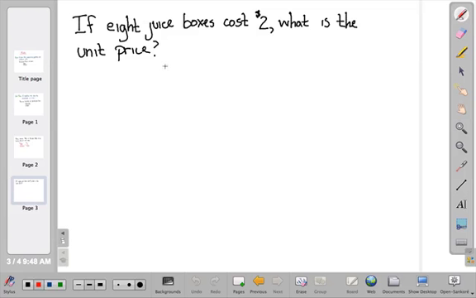Here's the last example we're going to do today. Here's another common place where we see unit rates. If 8 juice boxes cost $2, what is the unit rate? So here we have 8 juice boxes and $2. What we're trying to do is figure out the unit price, or what it costs per 1 juice box.